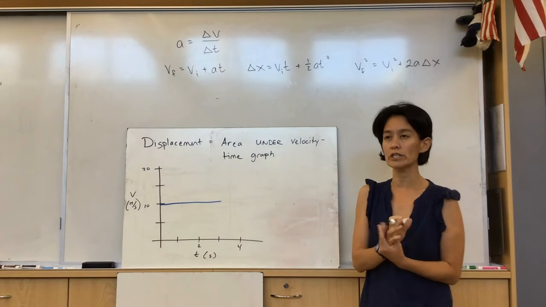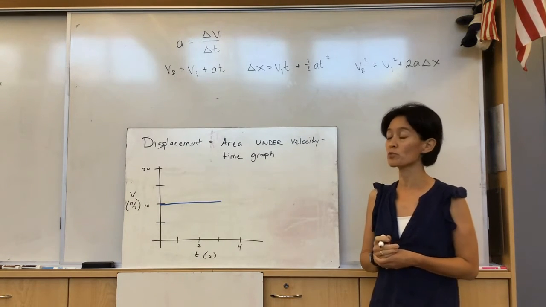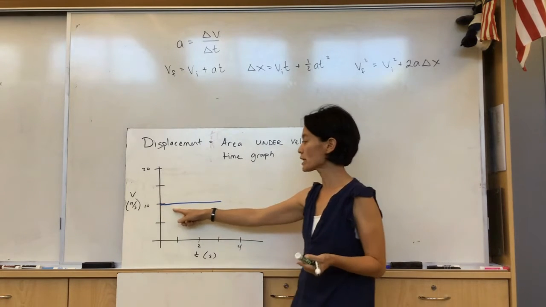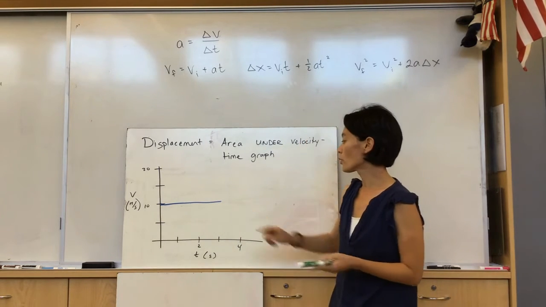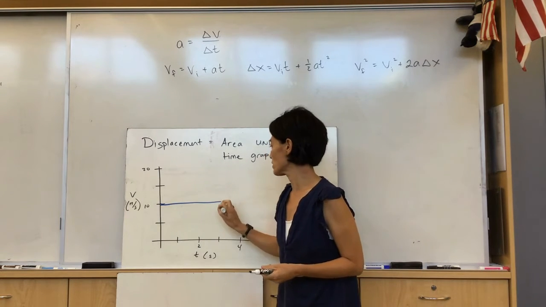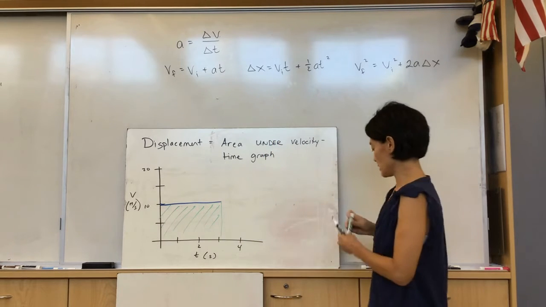What we looked at before was that the area under the velocity time graph is equal to the displacement. So in this case, if I have a velocity of 10 meters per second, constant for 3 seconds, my displacement is this area here. It's pretty easy to find.